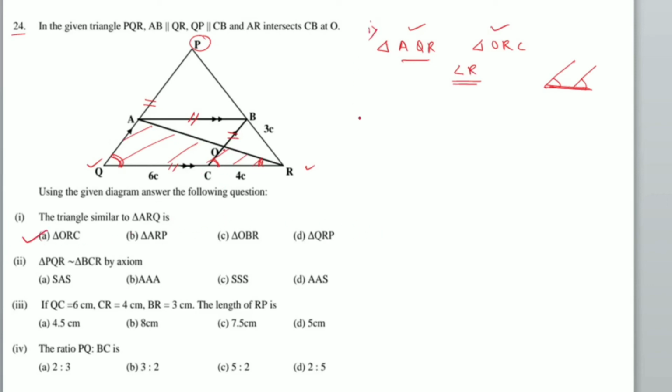Okay. Now we solve problem number 2. Here it is given: triangle PQR is similar to triangle BCR by which axiom? Here you can see triangle PQR and BCR.